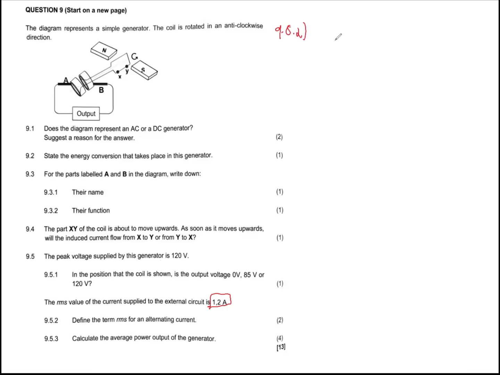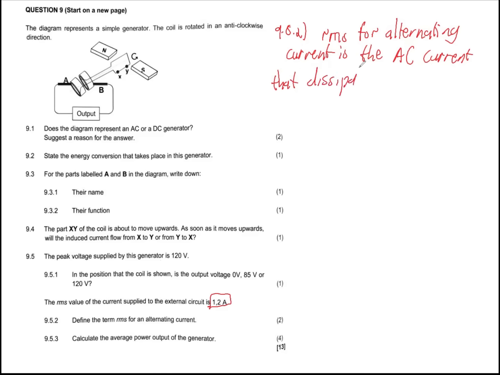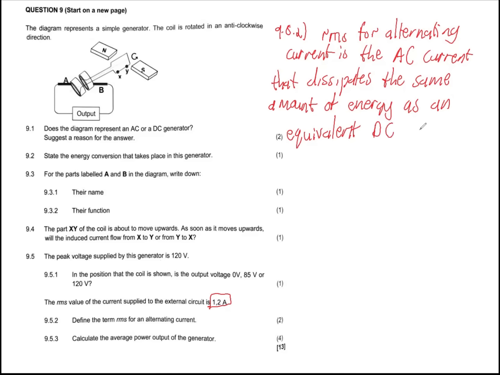You say RMS for alternating current is the AC current that dissipates the same amount of energy as an equivalent DC current or direct current.